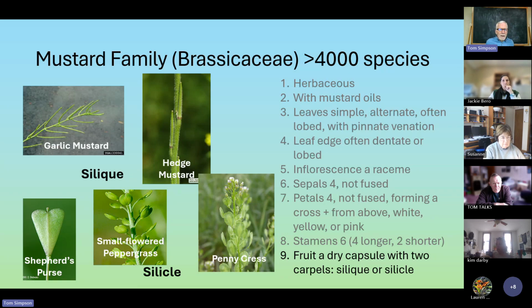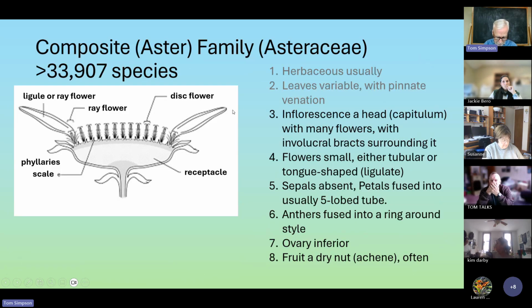All the leaves of the entire mustard family, as far as I know, are edible. Almost all the ones I've ever tried are peppery in flavor. Likewise, the seeds are peppery in flavor. Mustard, I think, is made from a preparation of the seeds of one of these plants. And this is a big, beautiful family to go through.